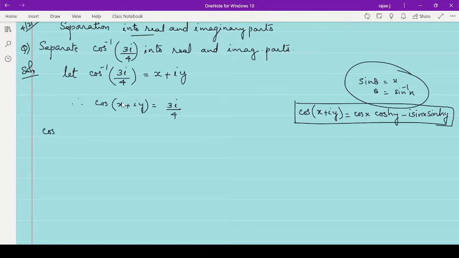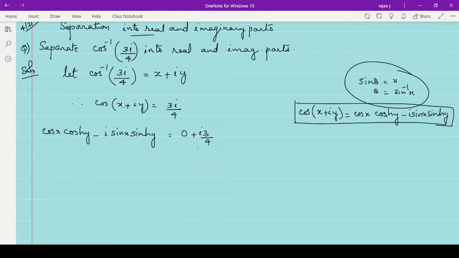Therefore here you will get cos x cos hy minus i into sin x sin hy is equal to 3i upon 4. Now here 3i upon 4, I will write this as 0 plus 3i upon 4, which means we are writing this also in the form of real part plus imaginary part.